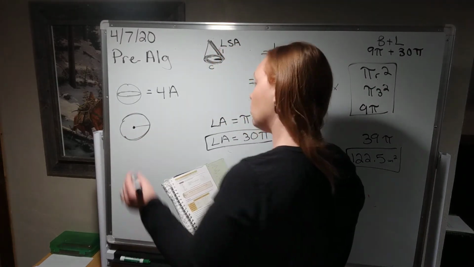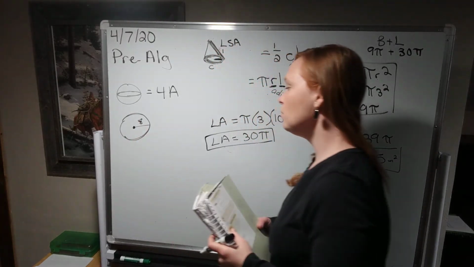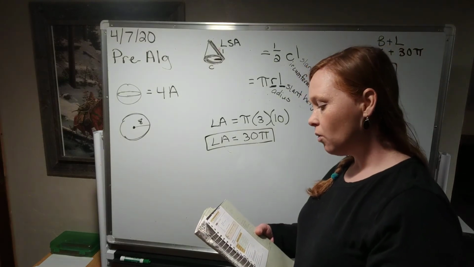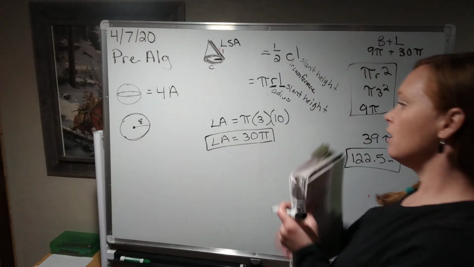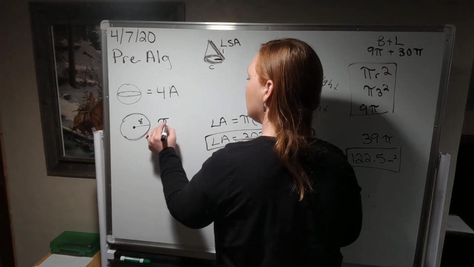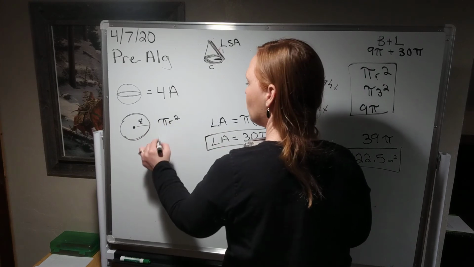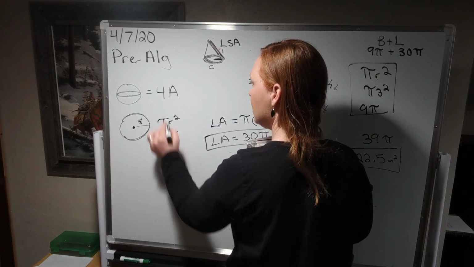Okay, so if we were to look at example 4, we would see that the radius of the great circle is 8. Okay, so how do we find the area of a circle? Well, it's pi r squared. We did that over here. So let's do pi r squared. And our r is 8. So 8 times 8 is 64. So 64 pi.